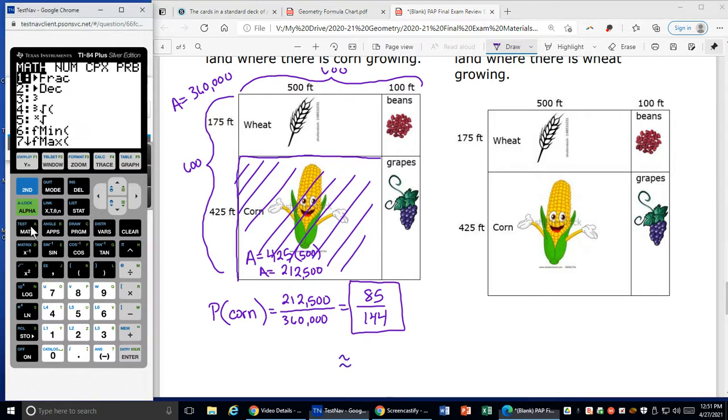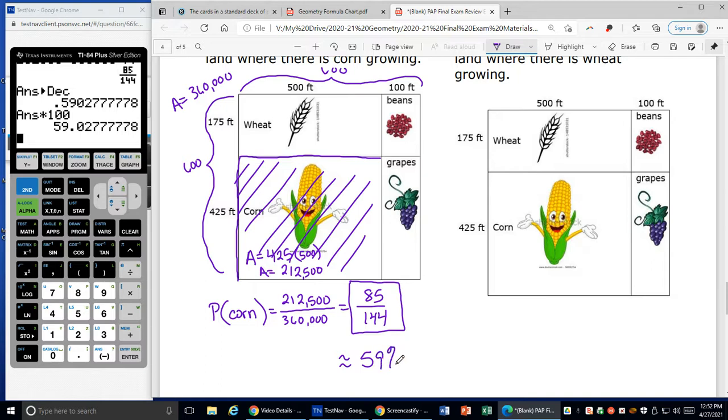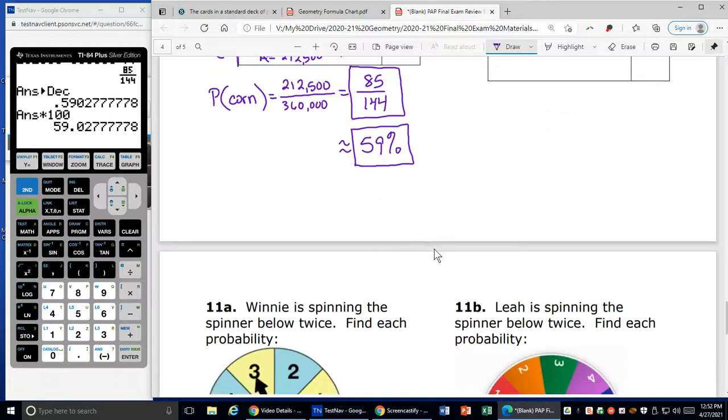As a percentage, math, decimal, enter, times 100, 59%, 59.03 really, if we wanted to round it to 2 places. I'm just going to round to 1, so I'm going to say 59%. And again, on your final test, it will be multiple choice. It may ask you on your practice test to round to a specific place. Okay? All right.